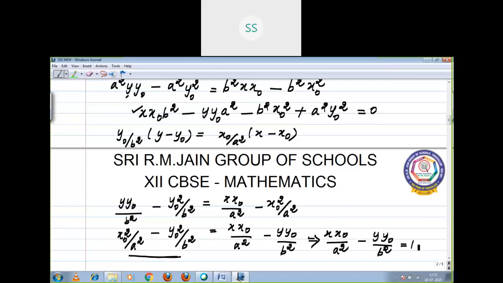How can I get the left hand side? It represents your given curve equation. Left hand side, it represents your given curve equation.